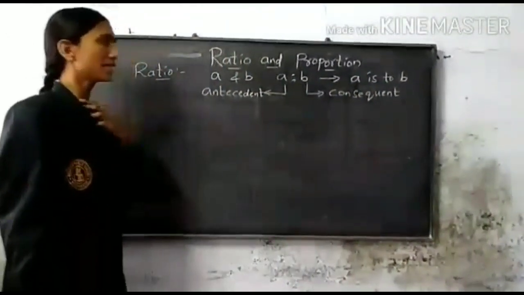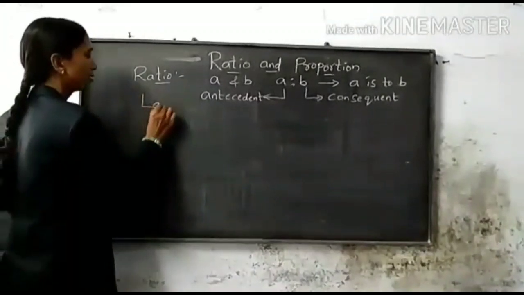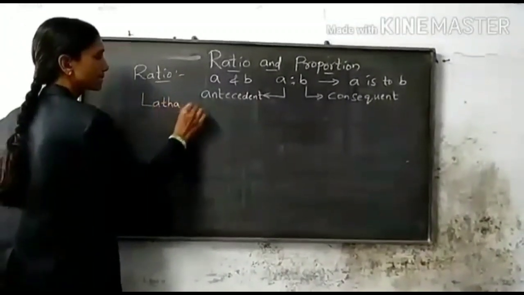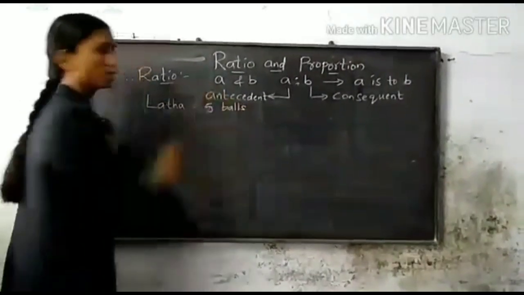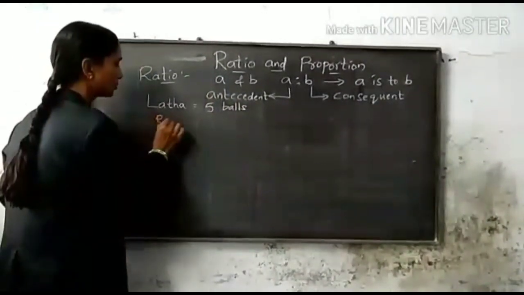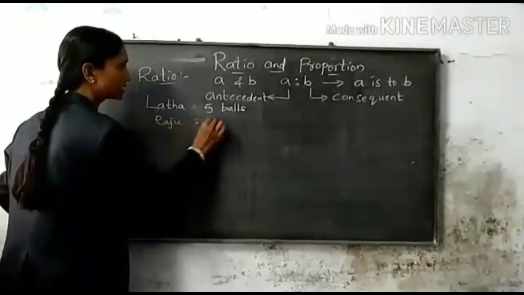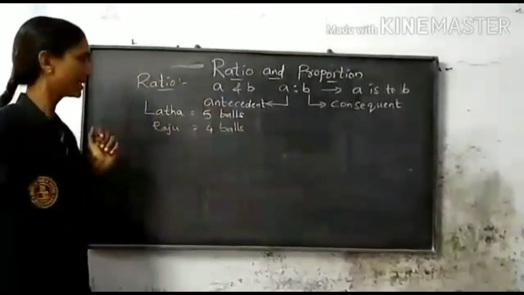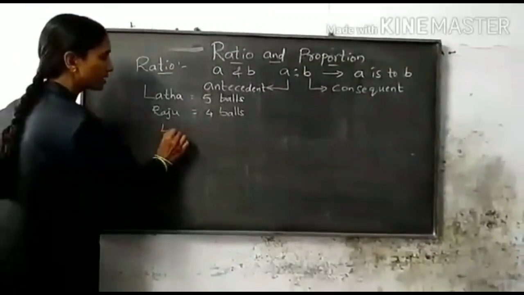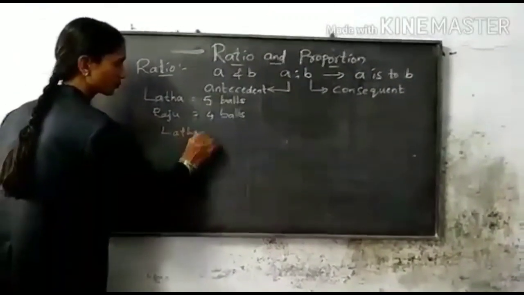Now, I am taking one example. Lata has 5 balls, and Raju has 4 balls. Now I am finding the ratio of Lata to Raju.